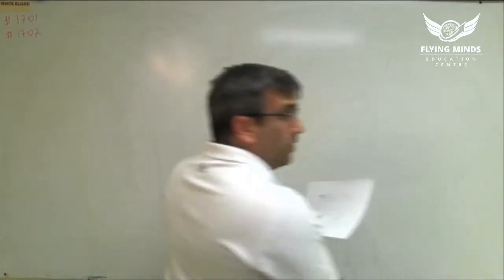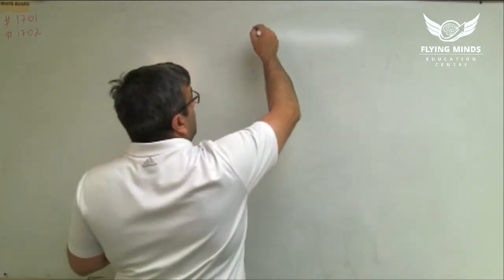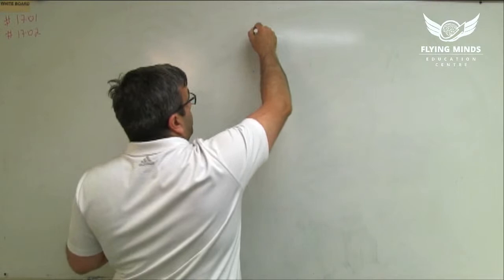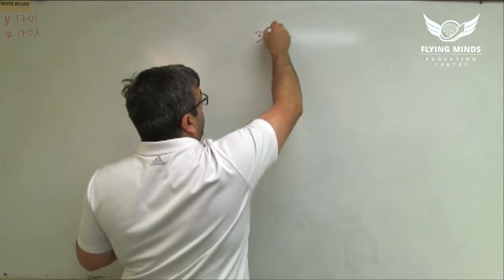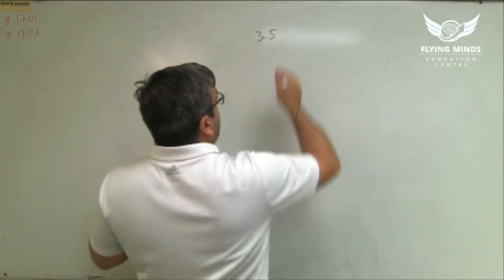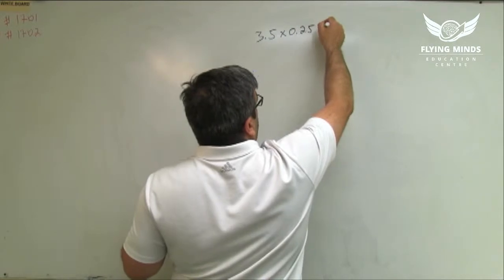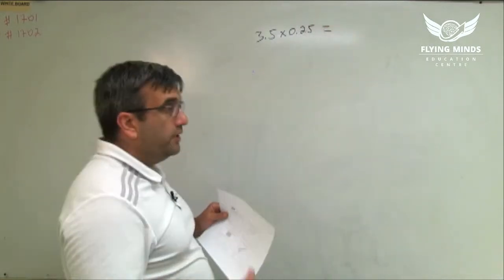So we need to find a quarter of 3.5 hours, the total they spent in the mall, which they spent at the food court.